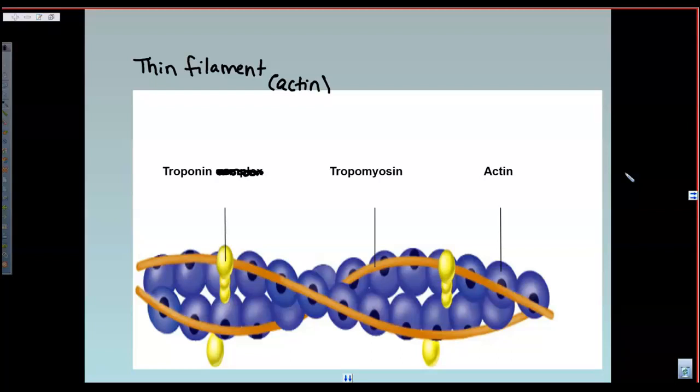It does have the other 2. Way you could remember which one's the thin and which one's the thick: actin is act-thin. It doesn't have the H in it. So actin doesn't have double T's in it either. But the actin acts thin. So it's the thinnest one. I don't know. That might be silly, but it doesn't matter.